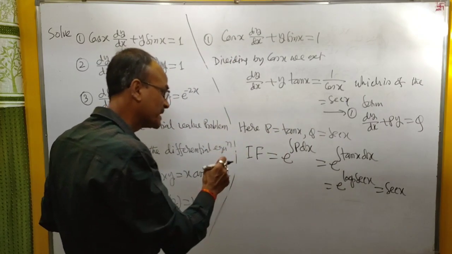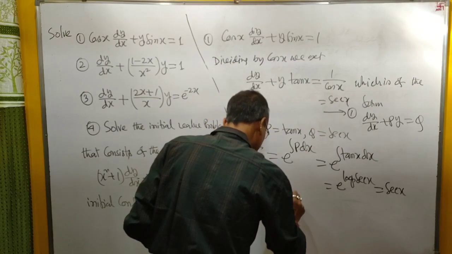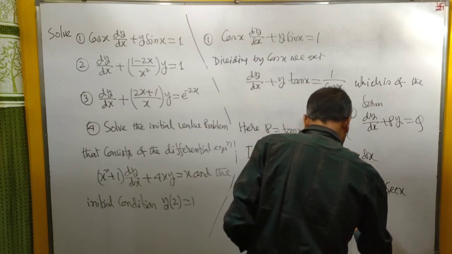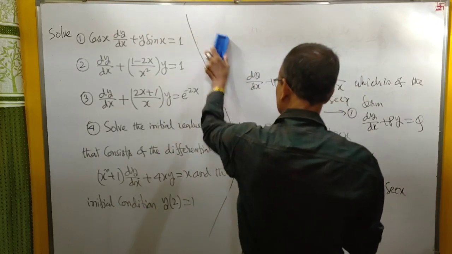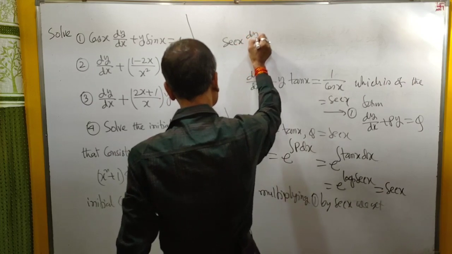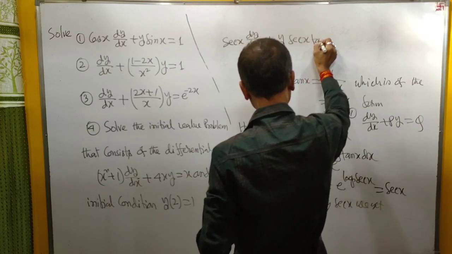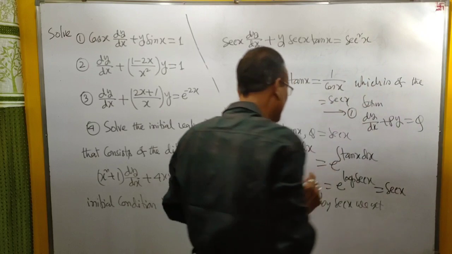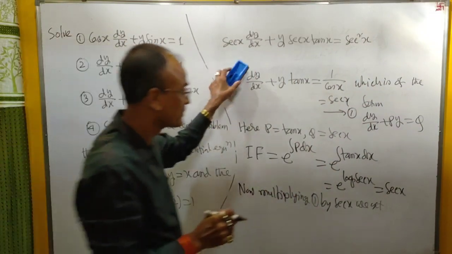Now multiplying 1 by sec x we get sec x dy by dx plus y sec x into tan x equal to sec x into sec x, which is sec square x.